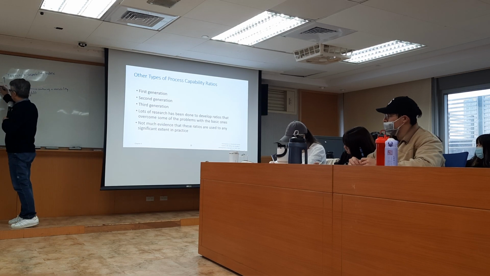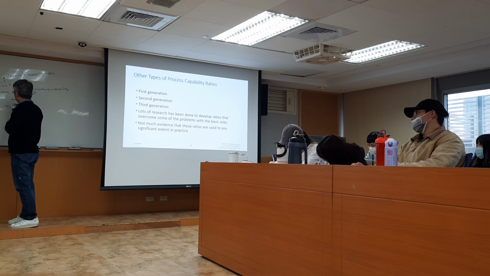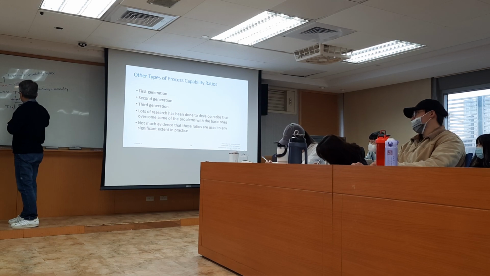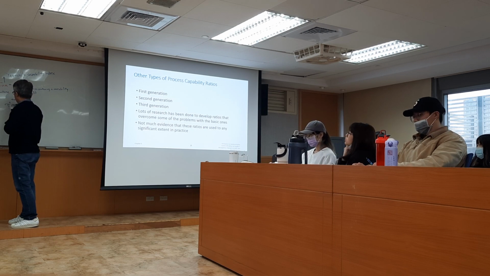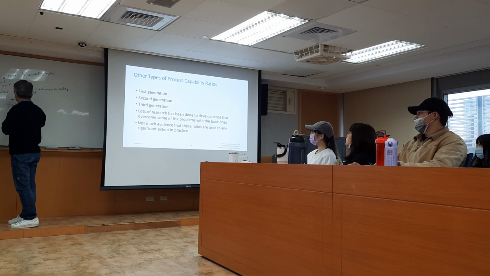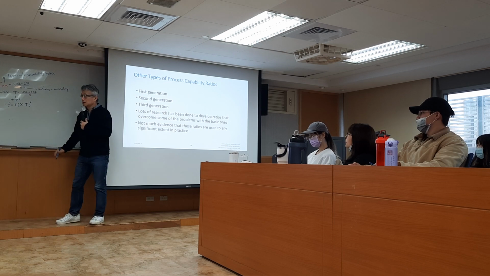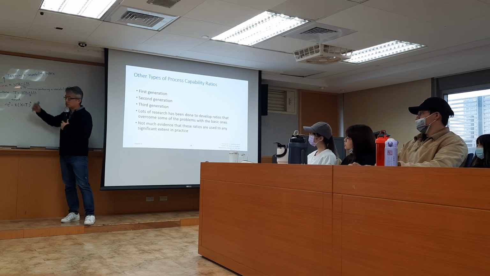Okay, then we define what tau is. Tau squared is the expected value of X minus T squared. X is the observation, T is the target.